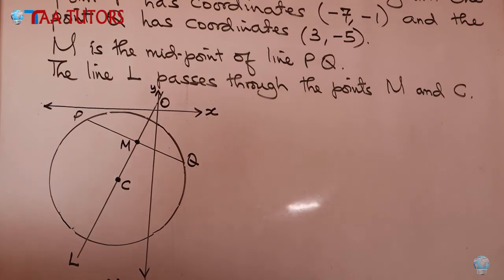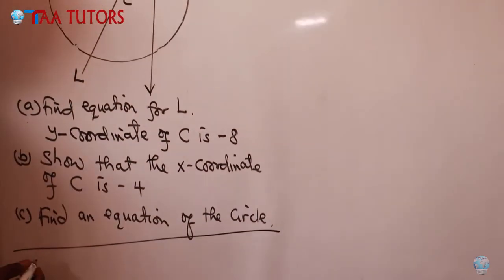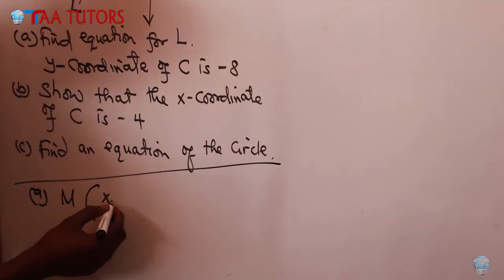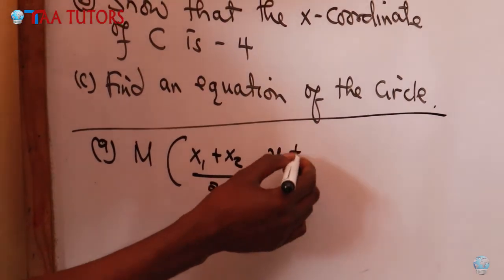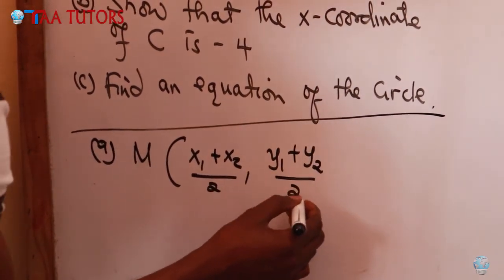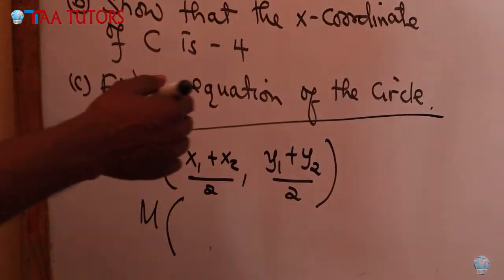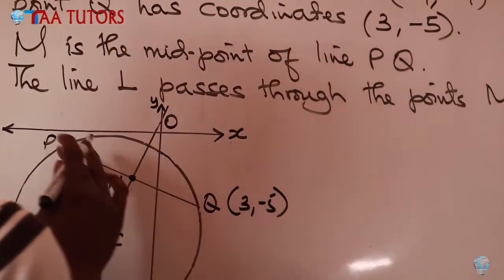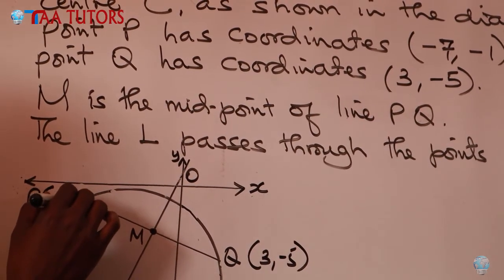Now what we have to do in this particular case first is to determine the midpoint M. We know M is ((x1 + x2)/2, (y1 + y2)/2). Let Q be (3, -5) and P be (-7, -1).